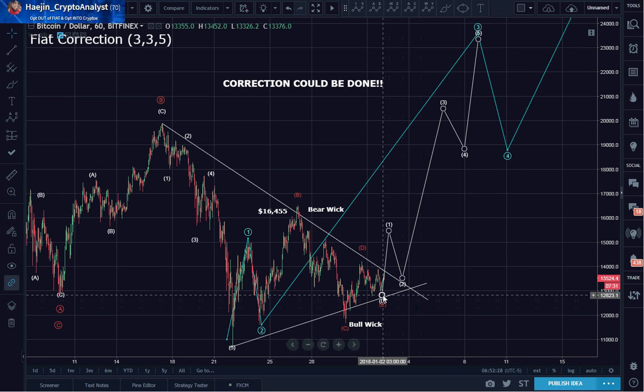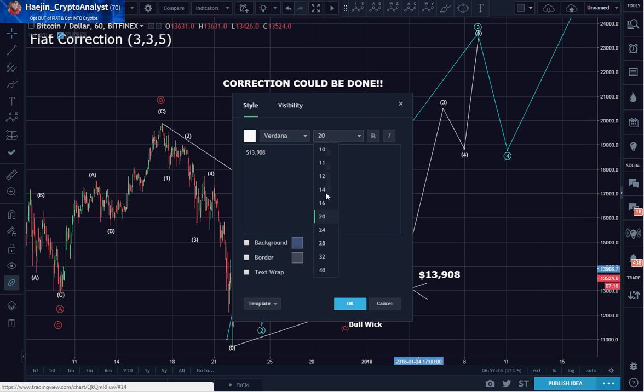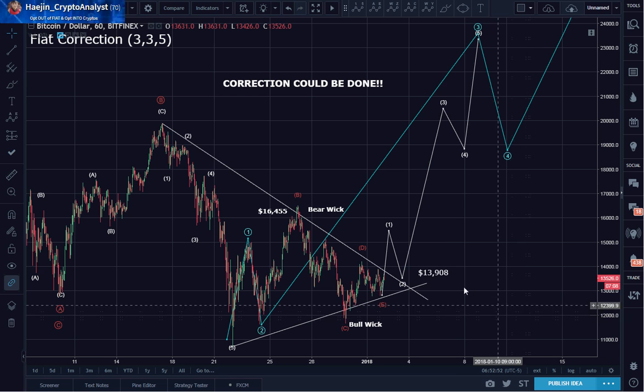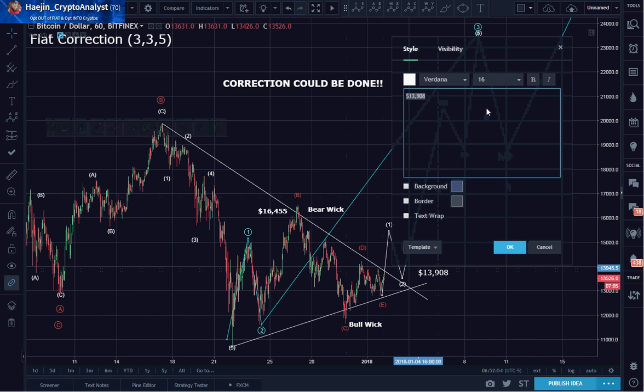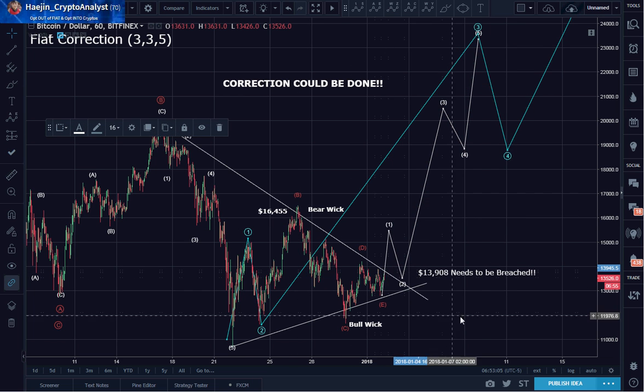And we should see price breach past 13,909, not 13,908. So that's the breach point. That is where this white line resistance lies at.